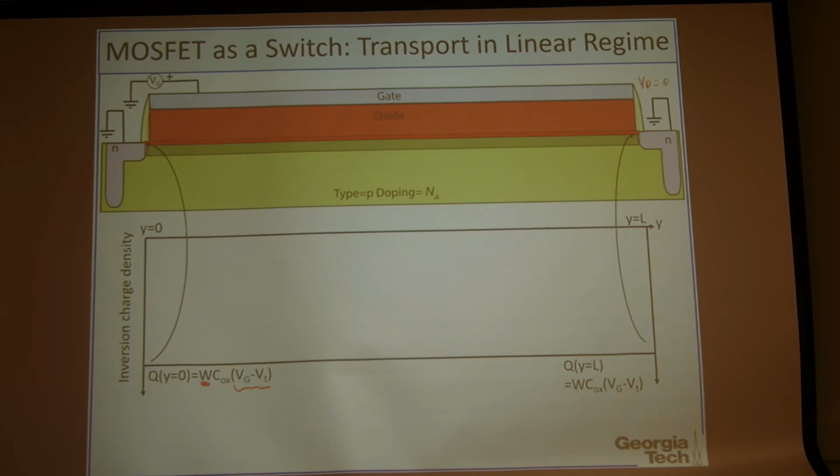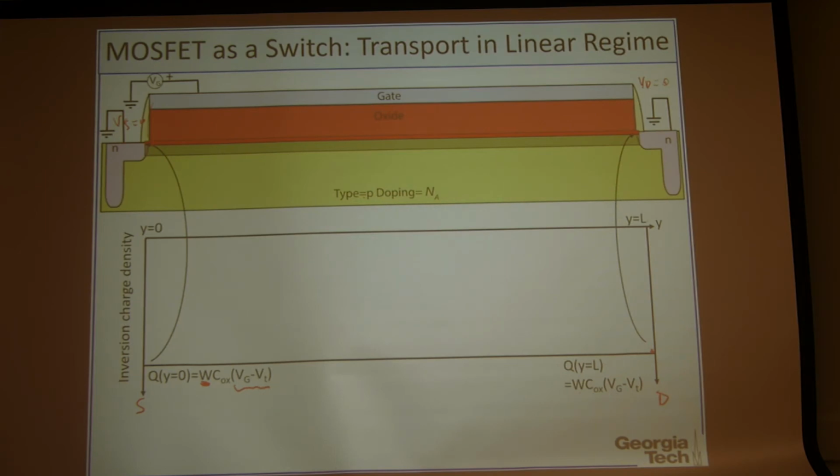Then both source and drain are 0 in this initial condition. Then the electron inversion charge density will be uniform across the channel from the source to the drain. At the drain side it is also W times COX times Vg minus Vt.